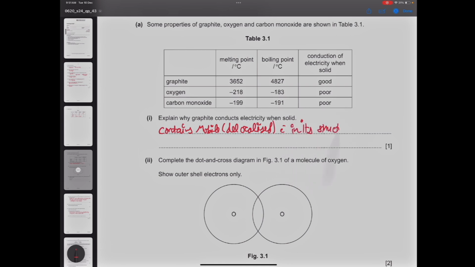I'm sure all of you have done the structure of graphite. Carbon has a valency of 4, but in graphite, carbon only creates 3 bonds and 1 electron is free to roam around between the layers. This electron keeps on moving and conducts electricity.